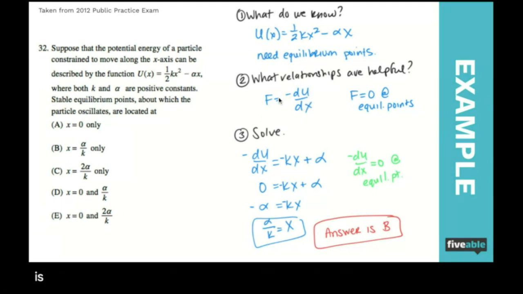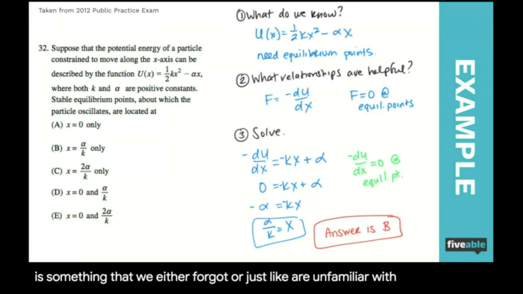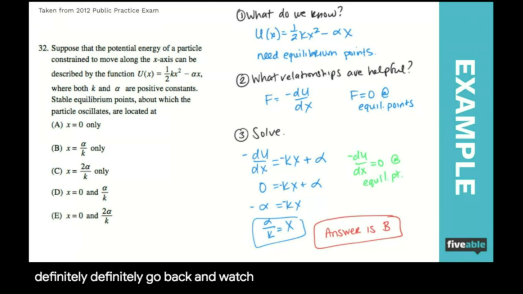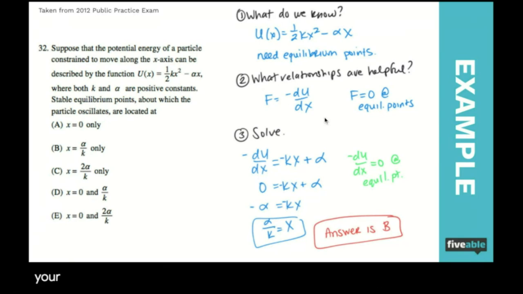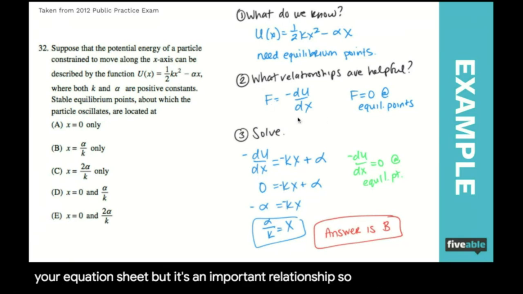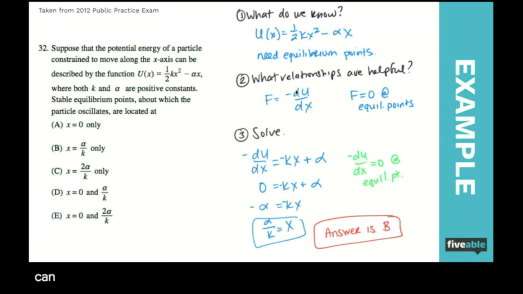If this is something that we either forgot or are unfamiliar with, definitely go back and watch the energy cram, but then also make sure we do some practice with this, because that's something that comes up on the test all the time. It's not on your equation sheet, but it's an important relationship. So just knowing we can relate force and potential energy by taking that negative derivative is going to be important.